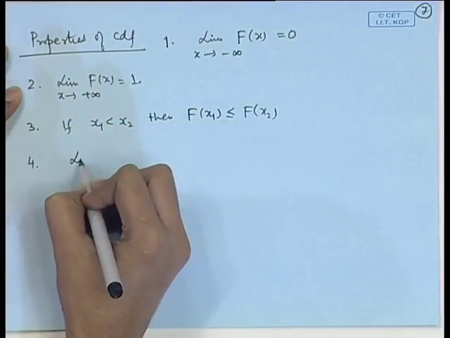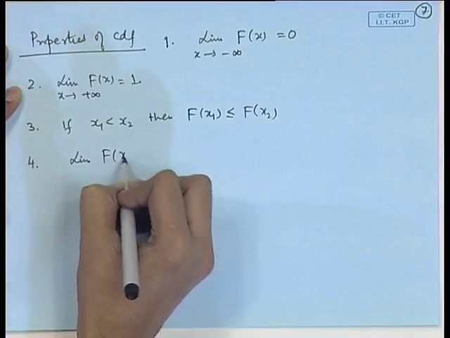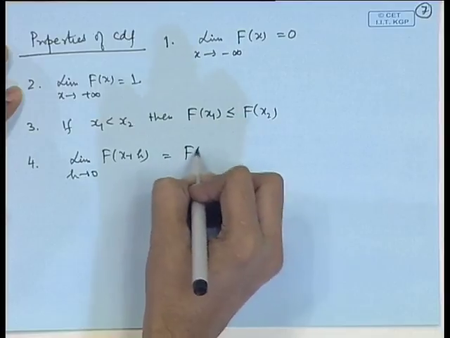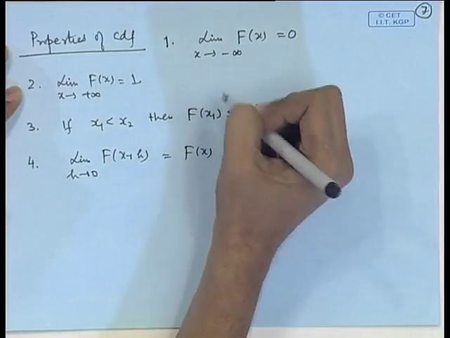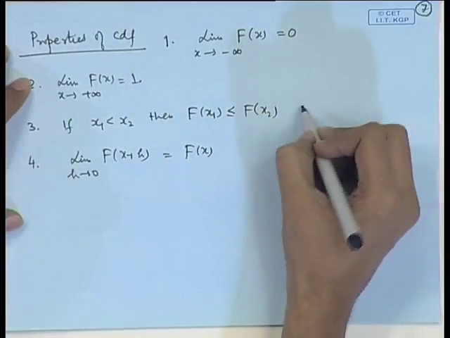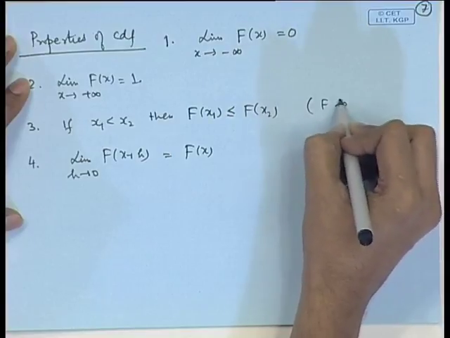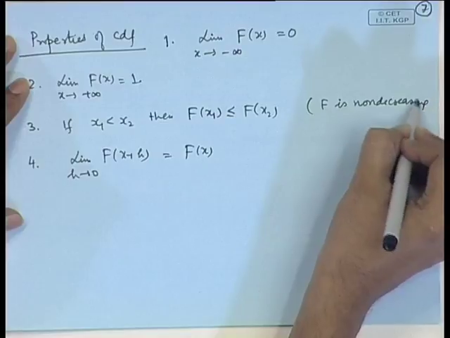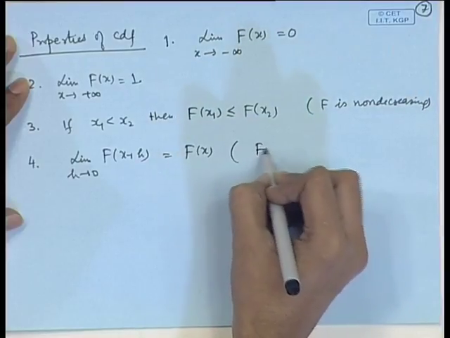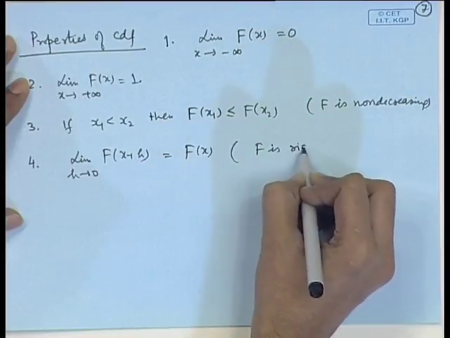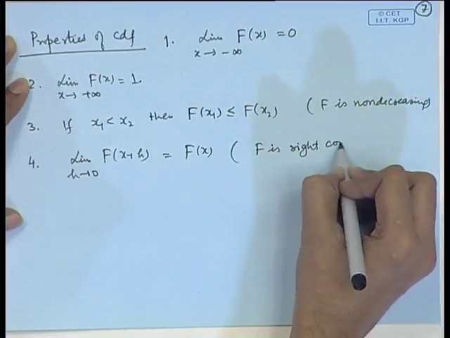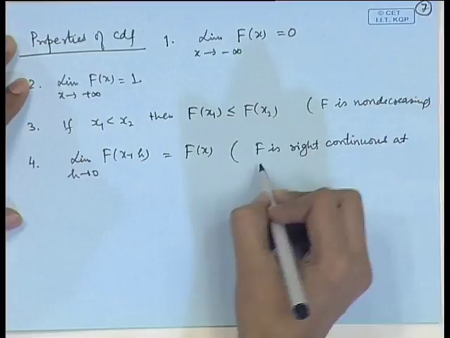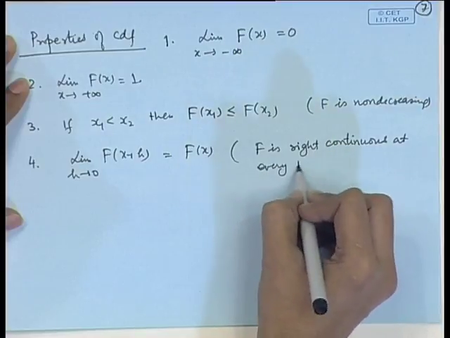If I consider limit of F(x+h) as h tends to 0, then it is equal to F(x). That means continuous from the right at every point. So F is non decreasing, right continuous at every point.